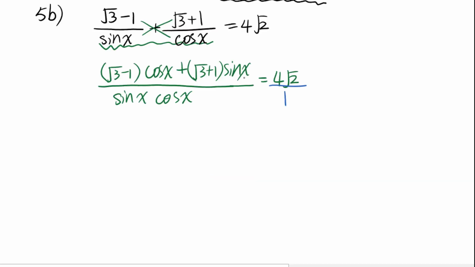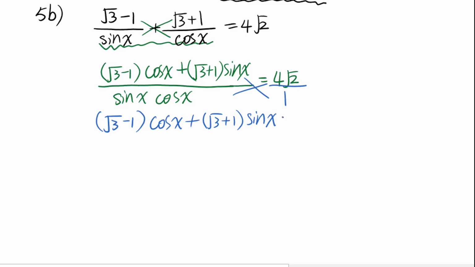Then we do cross multiply. You get square root of 3 minus 1 cosine x plus square root of 3 plus 1 sin x equals 4 square root of 2 sin x cosine x.